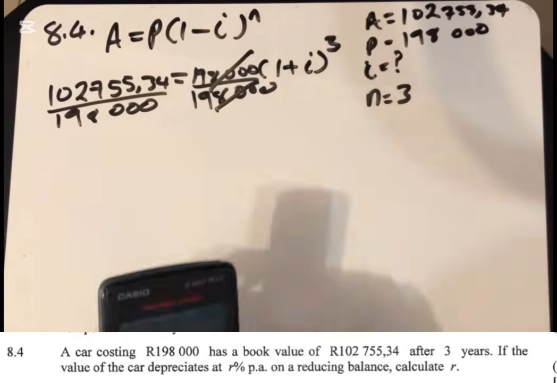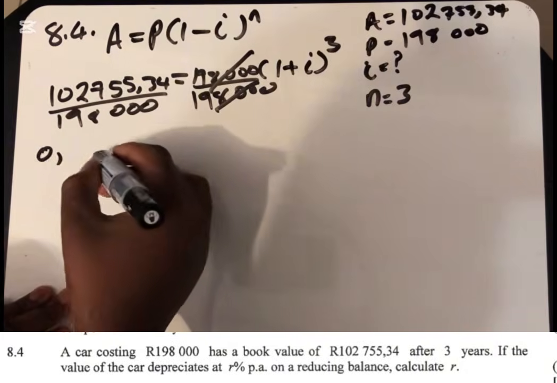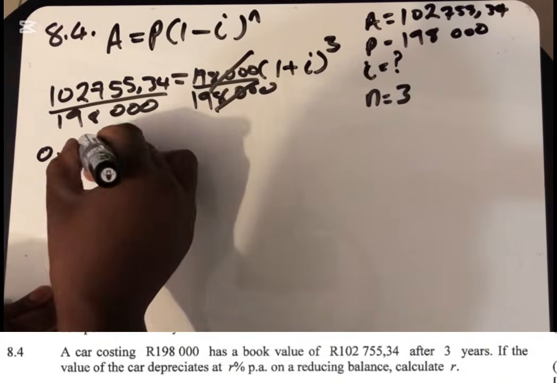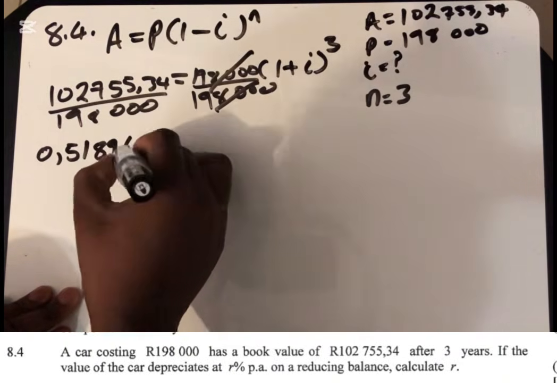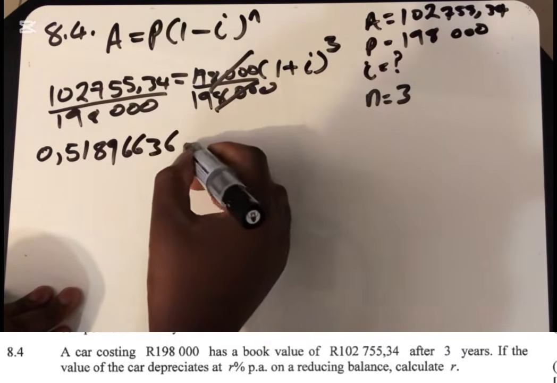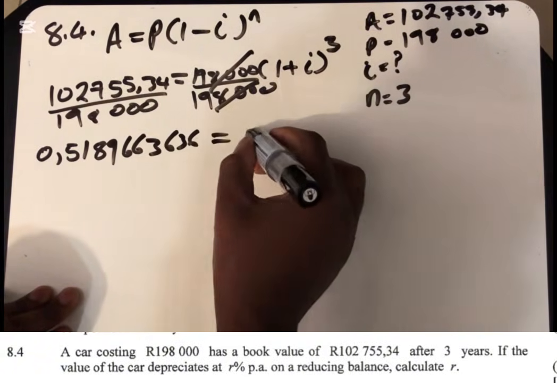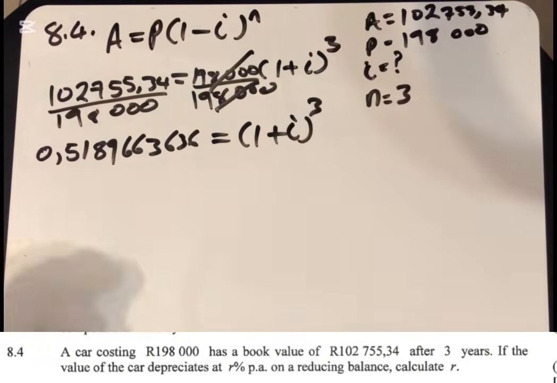We found that it is 0.519663636, equals 1 plus i to the power 3. So we are solving for i, and now we have the cube root there. What we need to do is cube root all the sides.